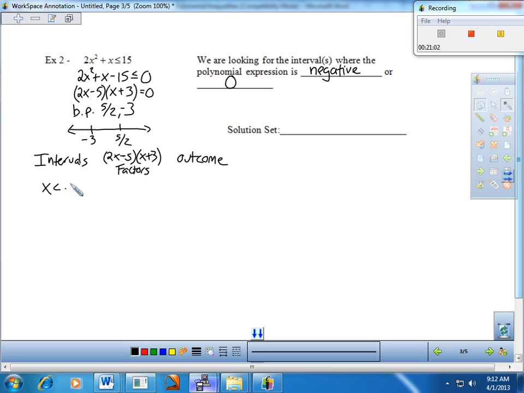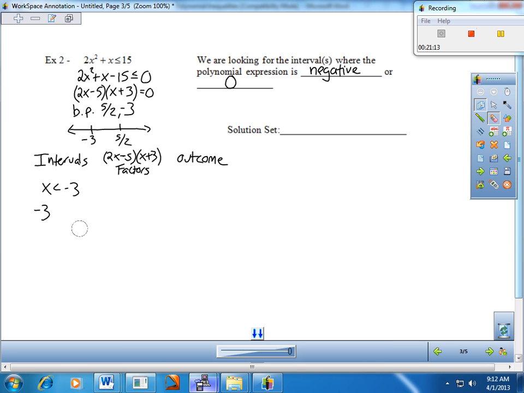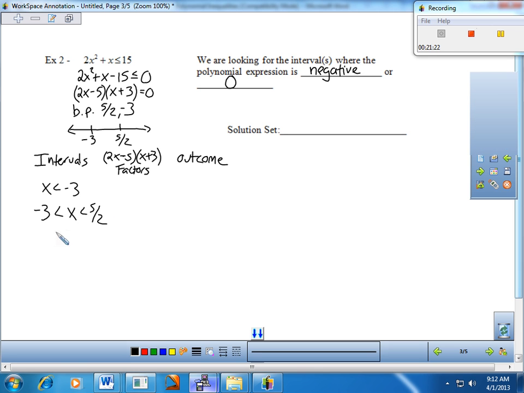Let's go check them. Anywhere to the left of negative 3, that's 1. Anywhere between negative 3, oops, excuse me, didn't mean the or equals there, because we want in between. If I actually picked negative 3, that would give me 0, so that wouldn't tell me positive or negative. Good thing I caught that one. So in between negative 3 and 5 halves, and then last but not least, bigger than 5 halves.